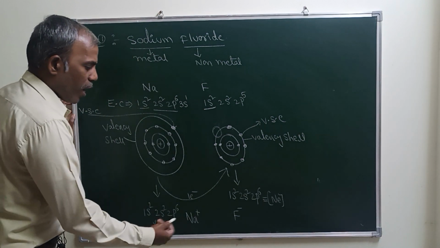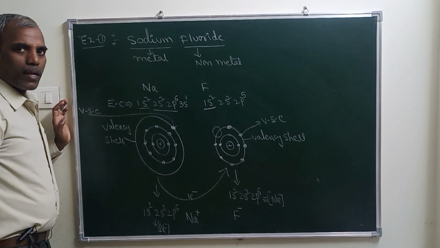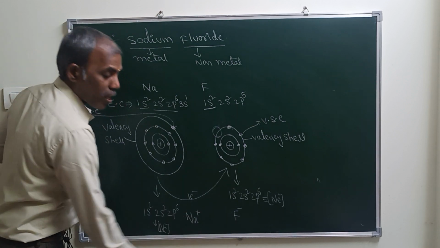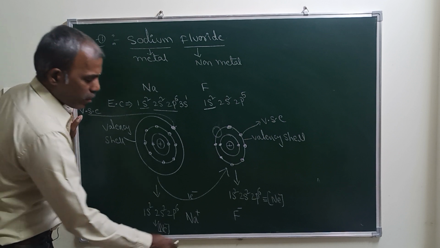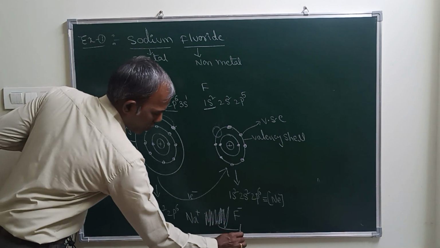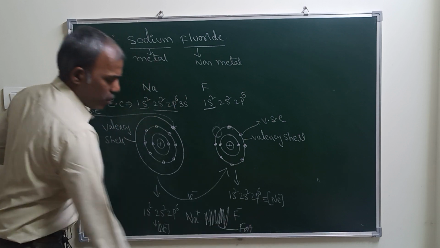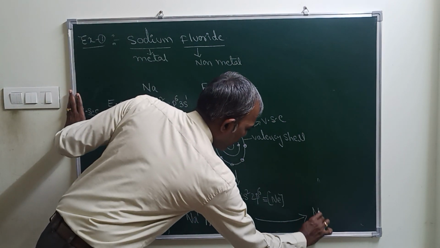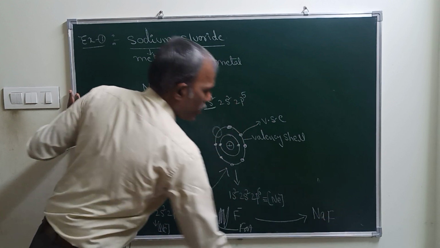Now we have ions rather than neutral atoms: a positively charged species and a negatively charged species. They attract each other, and this force of attraction is ionic bond. So finally we can write NaF.